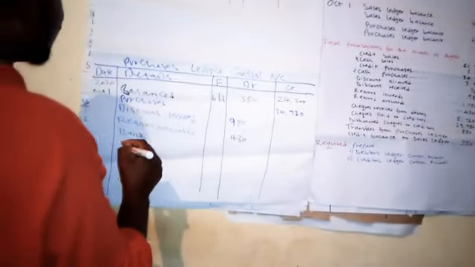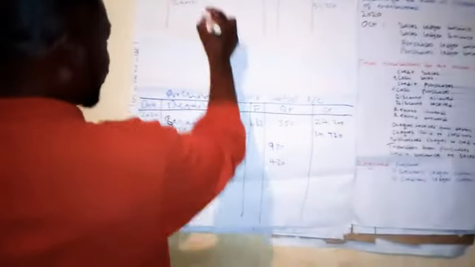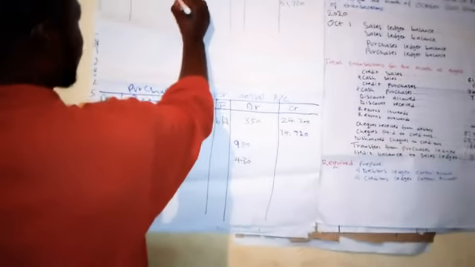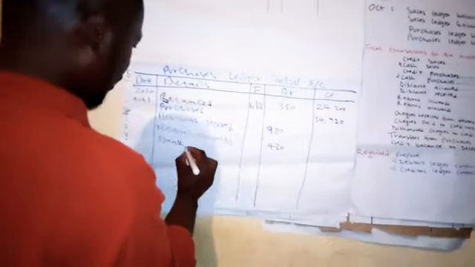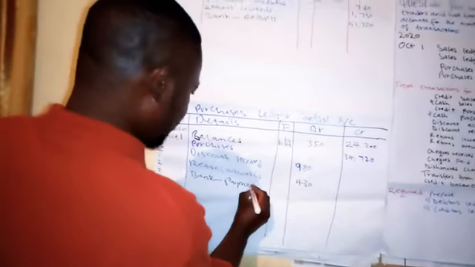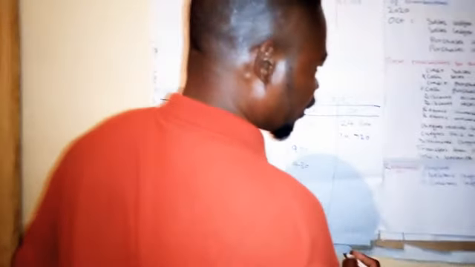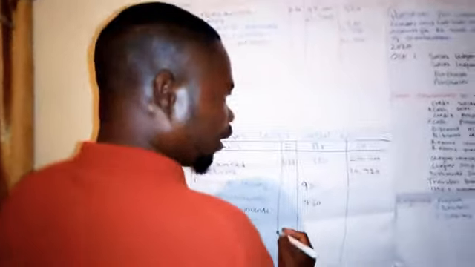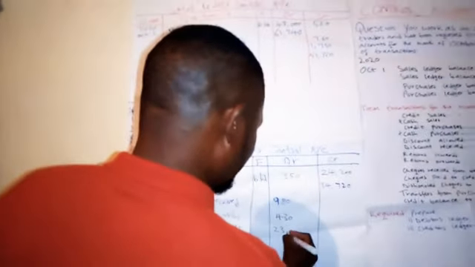Okay, so these are receipts. These are payments. Maybe to help you not to forget, we can include here receipts. Then here we write payments. So the checks paid to creditors are amounting to 23,980 to be recorded on the debit side.